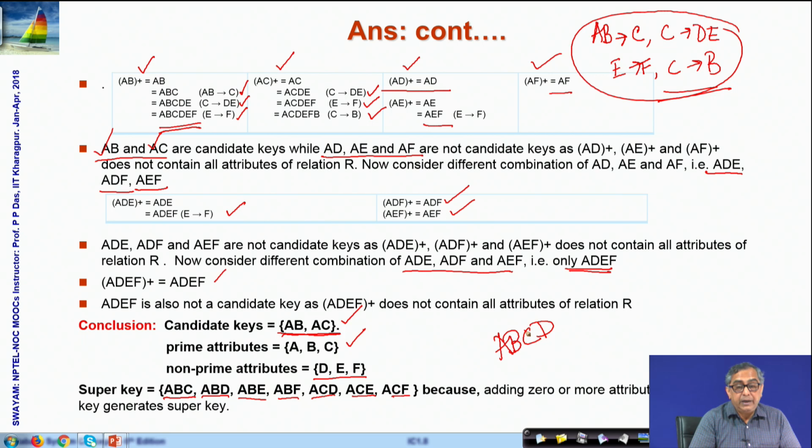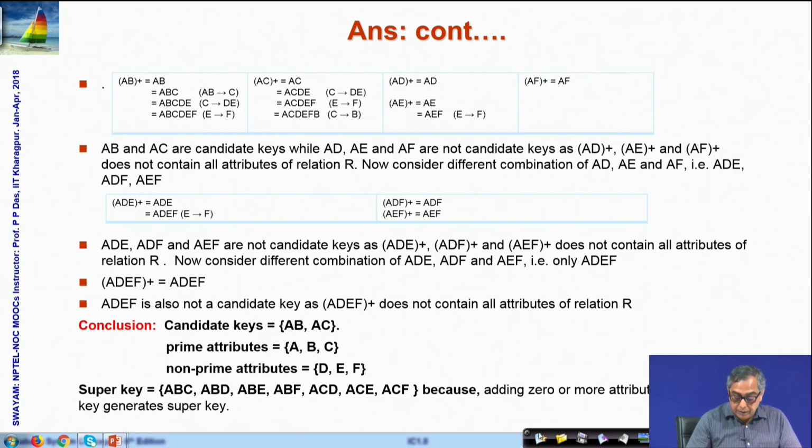So, when I actually define the table in an RDBMS system, then for creating this table we will use either AB or AC, any one of them as my primary key, and the other will remain to be a candidate key alone. Okay. So, I hope you have been able to understand these basic ideas.